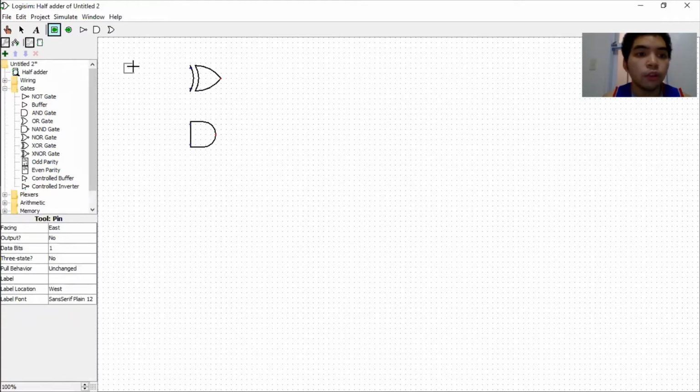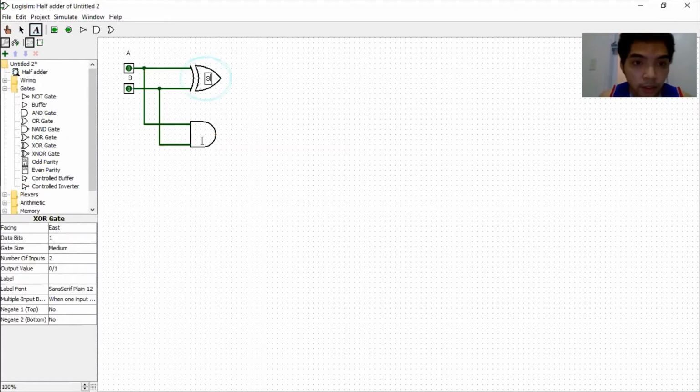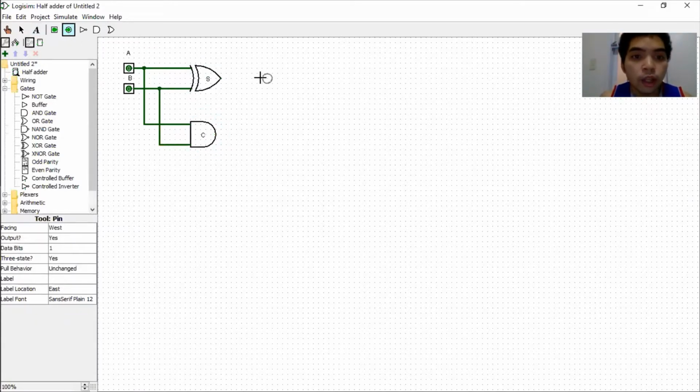We have two inputs, A and B. Indicate A, and this is B. This is for the sum, the S, and this is for the C, the carry. We have this first output for the sum and an output for the carry.